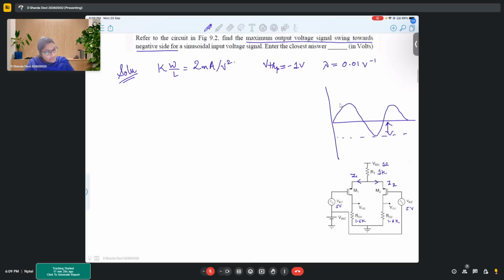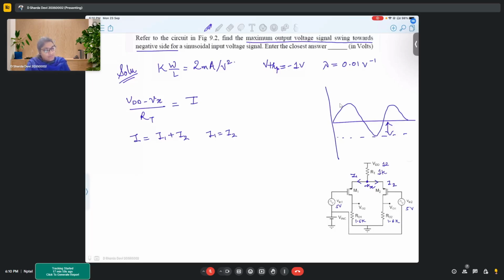Here it is VDD. Let's say at this point is Vx. VDD minus Vx upon RT will give us the total current I, and I is then distributed as I1 plus I2, where I1 equals I2. This is what we know.